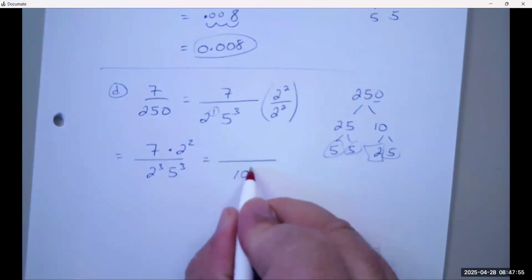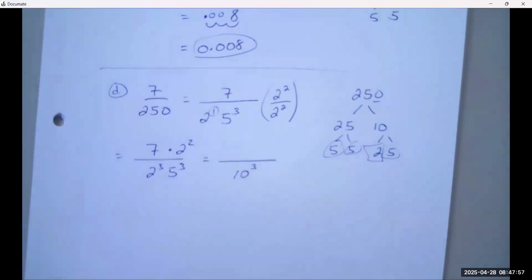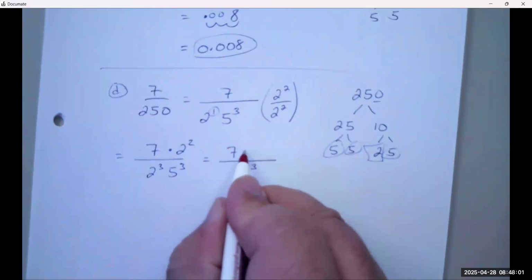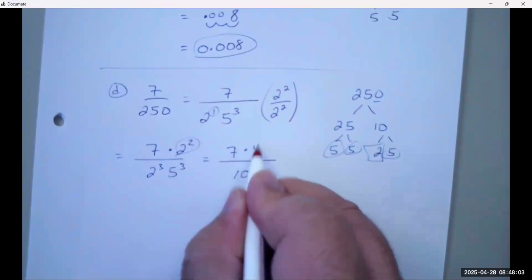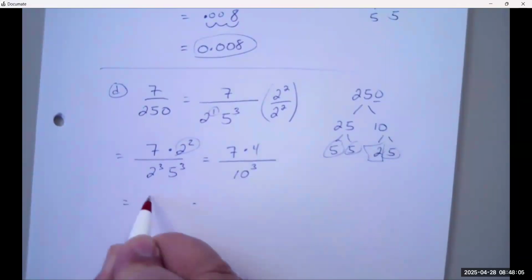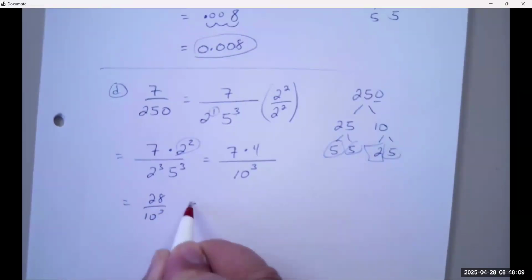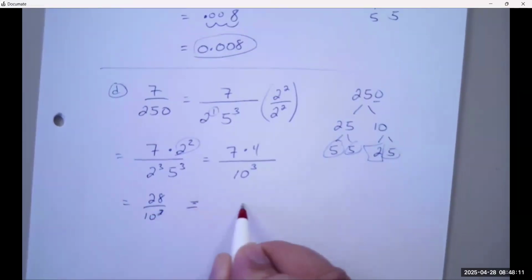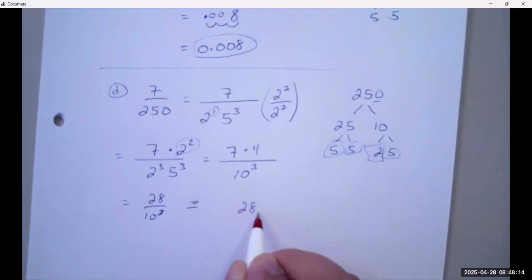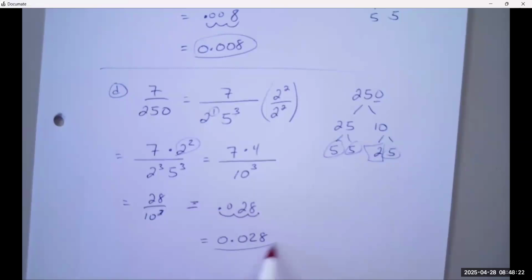So on the bottom, we have 10 to the power 3. 2 squared is 4, so it's 28 over 10 to the power 3, which is 28 with decimal here. 1, 2, 3. So the answer is 0.028.